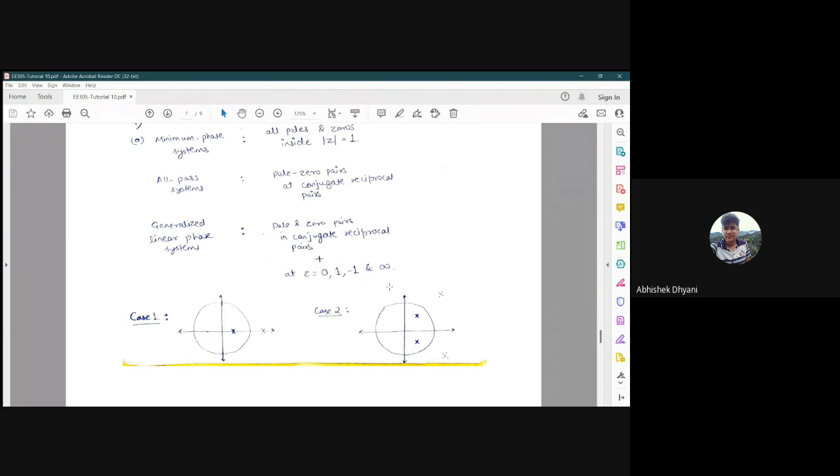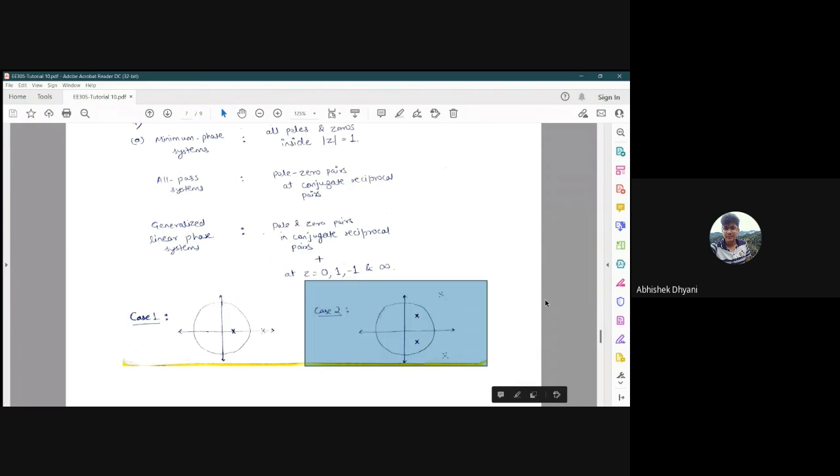On the other hand, if we have something like this, because of the all pass system, we can have a reciprocal here, and this system is overall a generalized linear phase system. So that is why we can eliminate the possibility of case 1, and case 2 is the only possibility that we have.